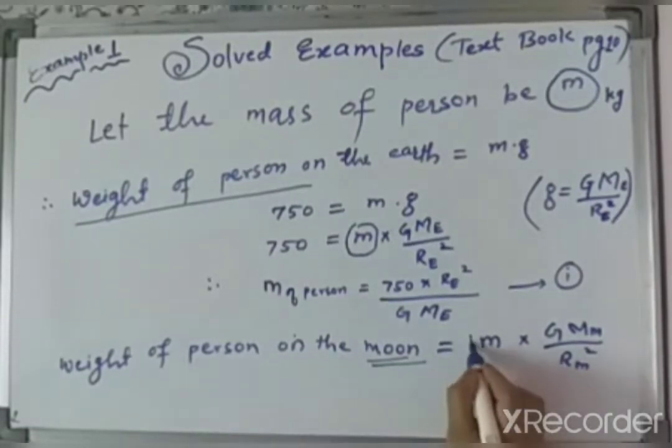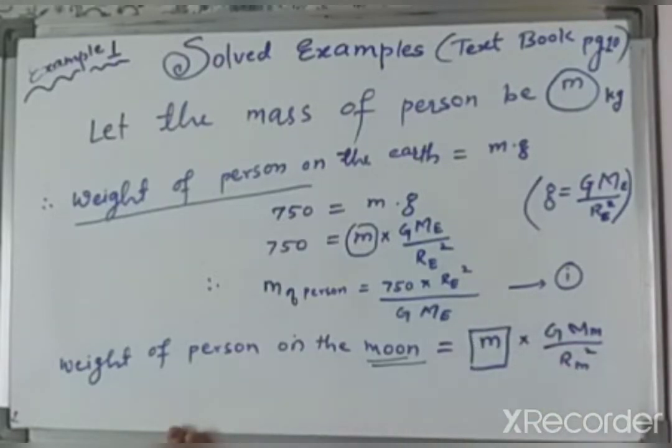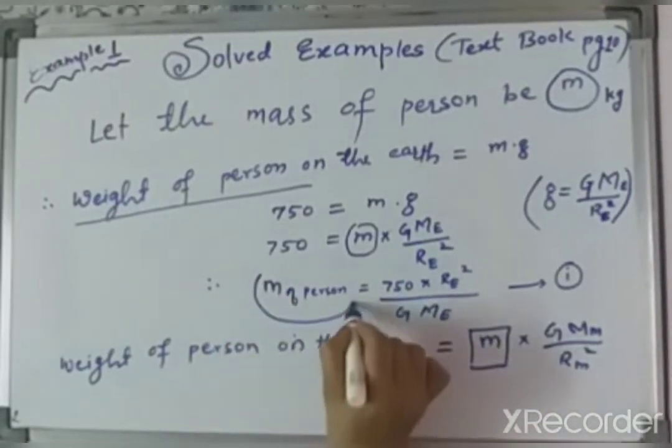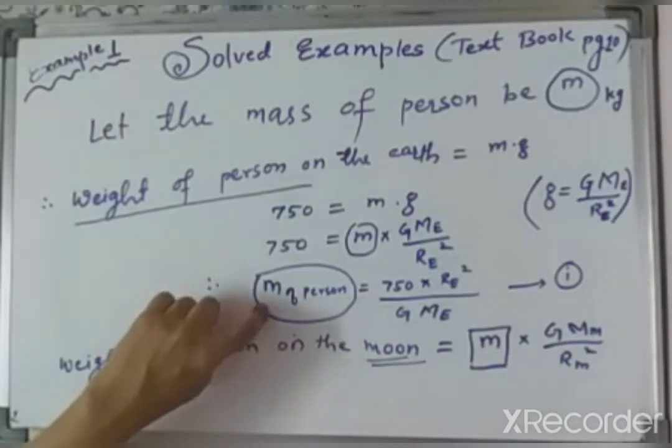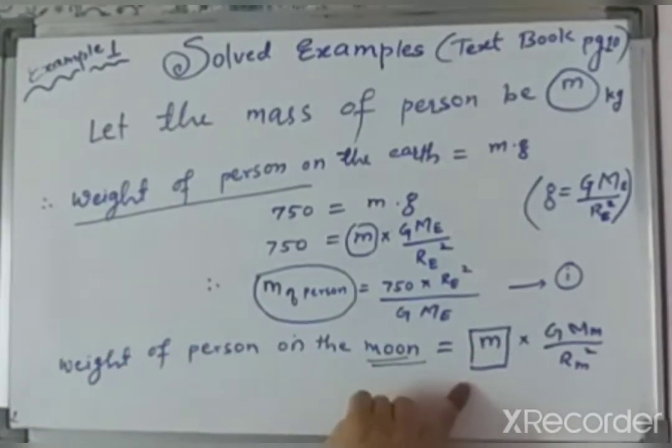Now, what is this? This is the mass of the person. Yesterday we discussed that mass is a stable quantity. Wherever you go, mass will not change. Whether the person is on earth or on the moon, the value of mass will be the same.